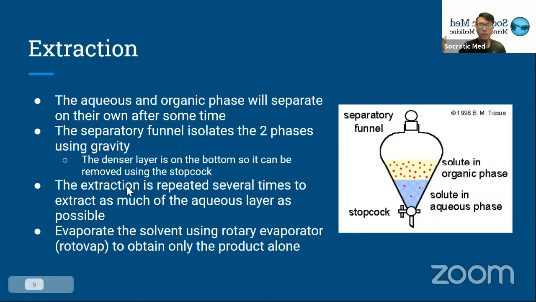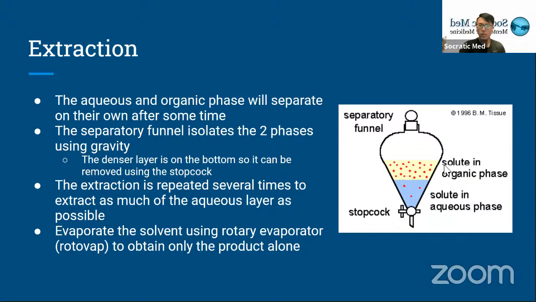You can repeat the extraction multiple times in order to get as much of the product as you can. You can keep adding either more organic phase or more aqueous phase, depending on which product you are trying to extract.